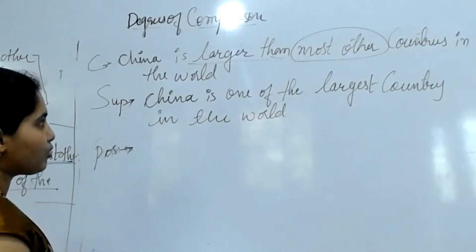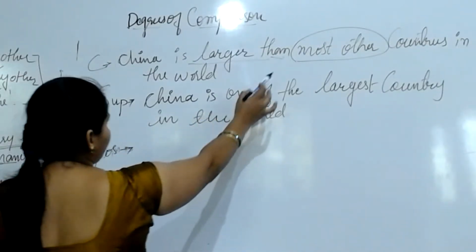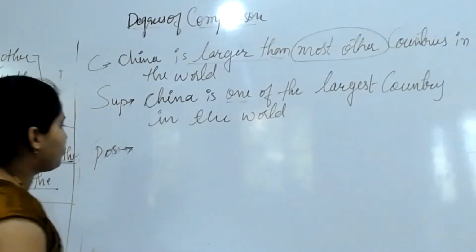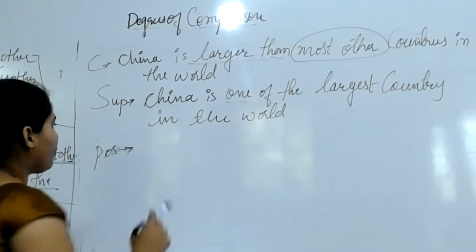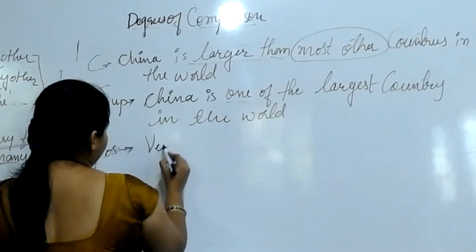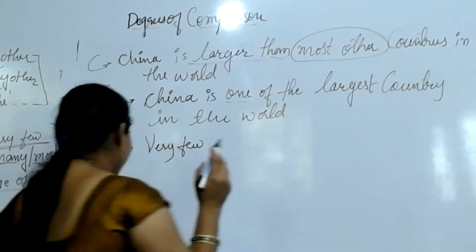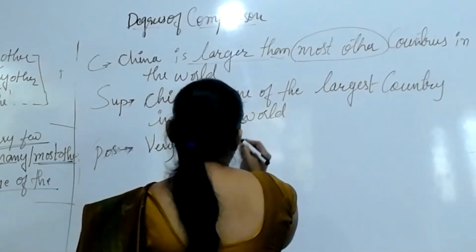If it is most other in the comparative degree, one of the in the superlative degree, the positive sentence begins with very few.